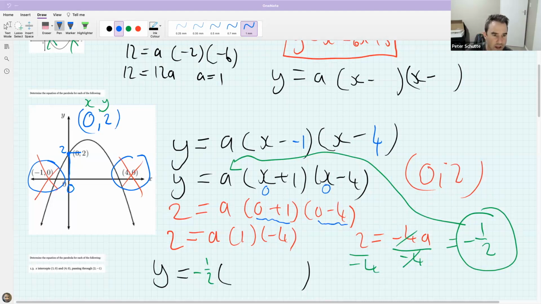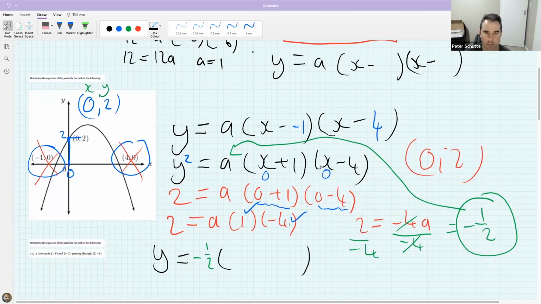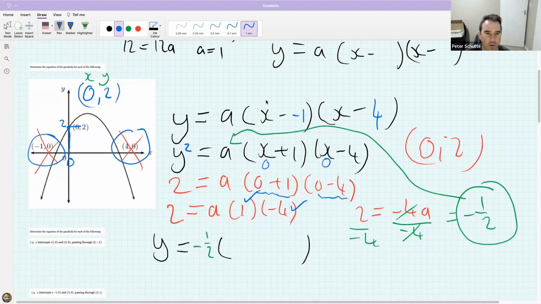And then for the 12, that must be the 2. It is a little bit tricky, but it still counts as a point, even though x is 0. Because now 0 plus 1 is 1, and 0 minus 4 is minus 4. I hope that was a little bit helpful. This is a little bit weird because there's a 0, but 0 is also a number.